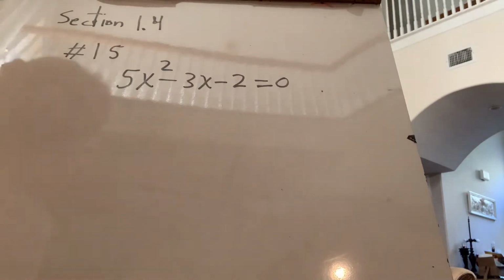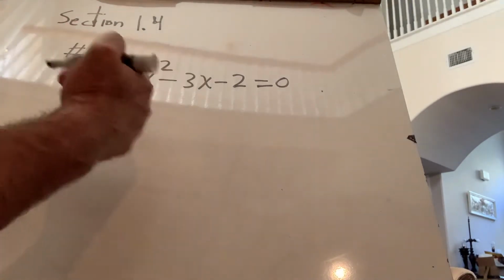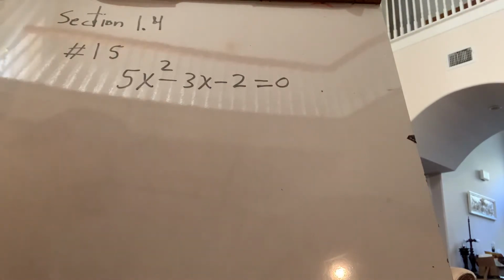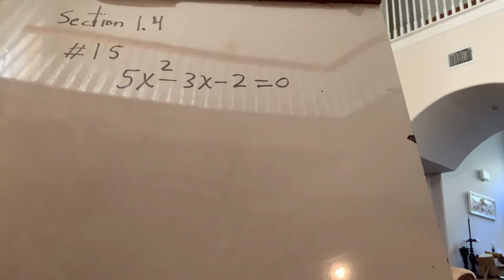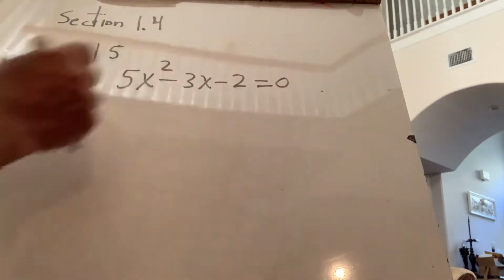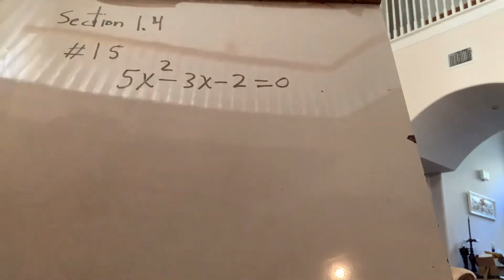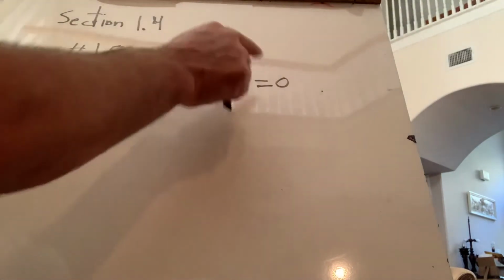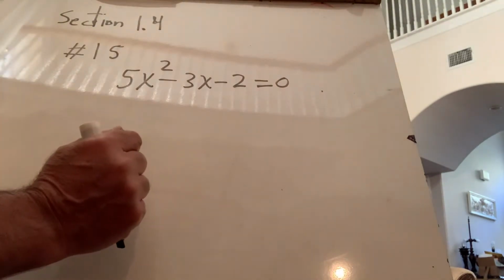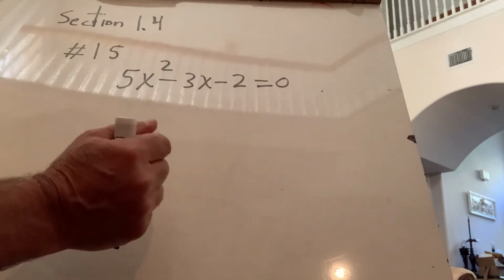Some books call this method solving by factoring because we are going to factor. But this book uses the terminology zero factor property. I think they use that because they want to make sure you understand you have to have zero. It doesn't matter which side of the equation, left or right, but you have to have zero on one side, and then of course you have to factor the other side. That's why they call it zero factor property.